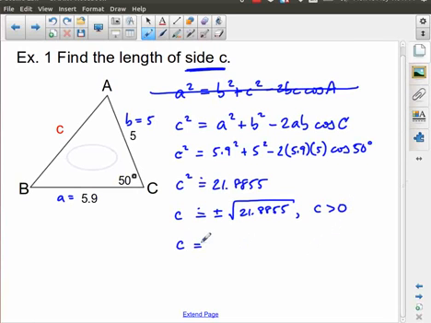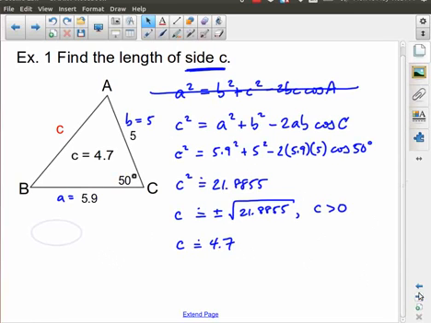So C is approximately equal to, and I take the square root of this, and I end up with 4.7 as my answer. And to double check that, actually I don't need to double check that in this case, because I can see that I've actually given myself a solution here, and the answer is 4.7. So that's good. Now that was using the side form.